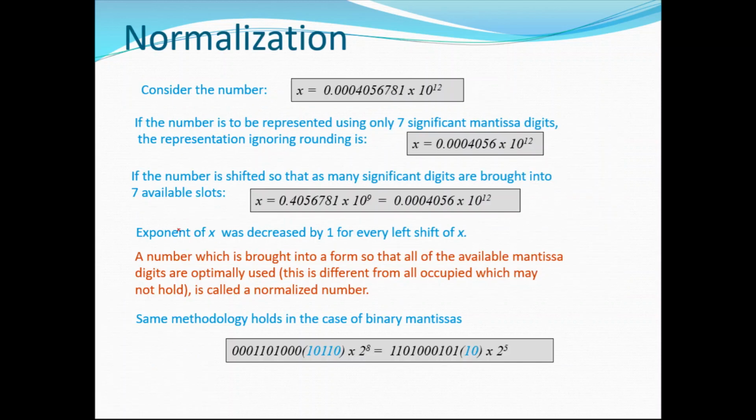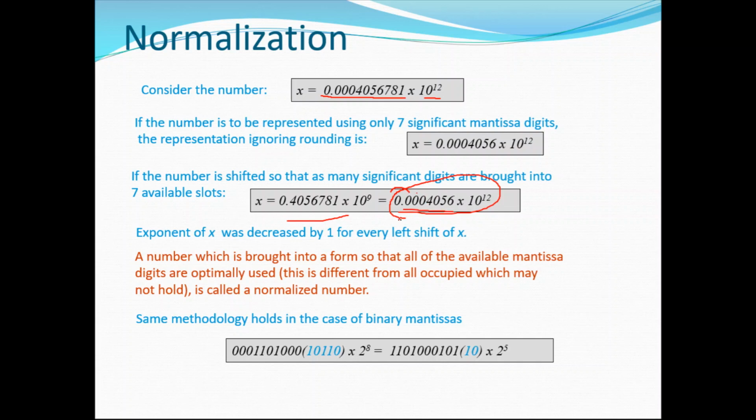Say for example, if you consider this floating point number, 0.0004056781 into 10 to the power 12. Instead of representing this number like this, it can be represented like this also. That is, you can left shift these zeros. You can left shift this 3 times.